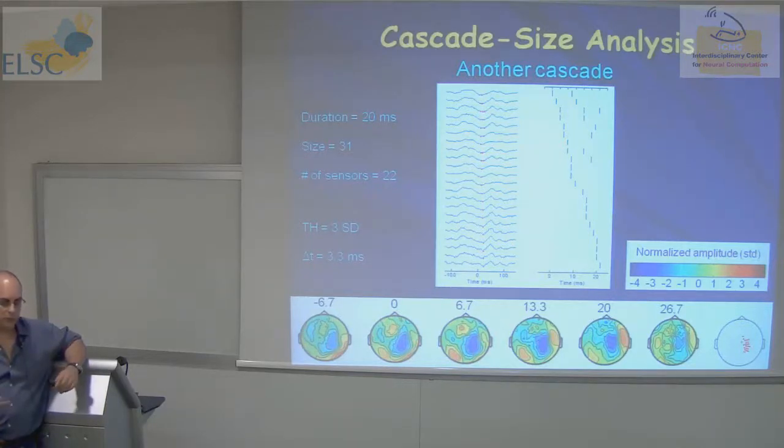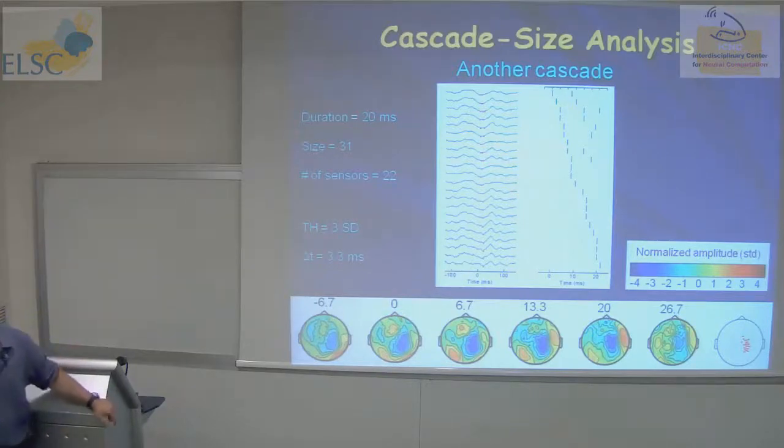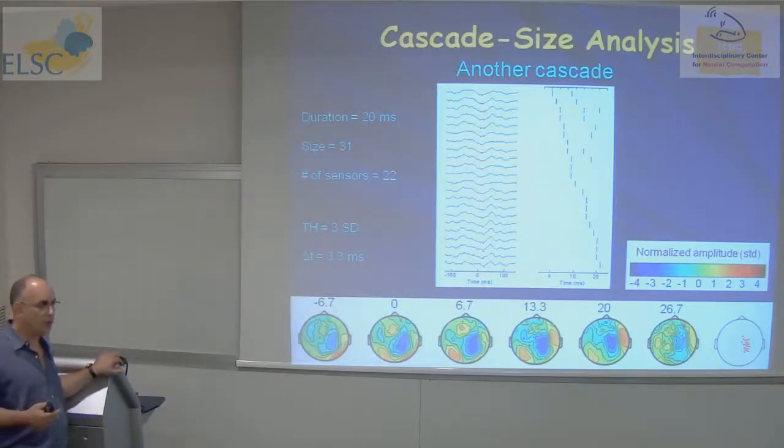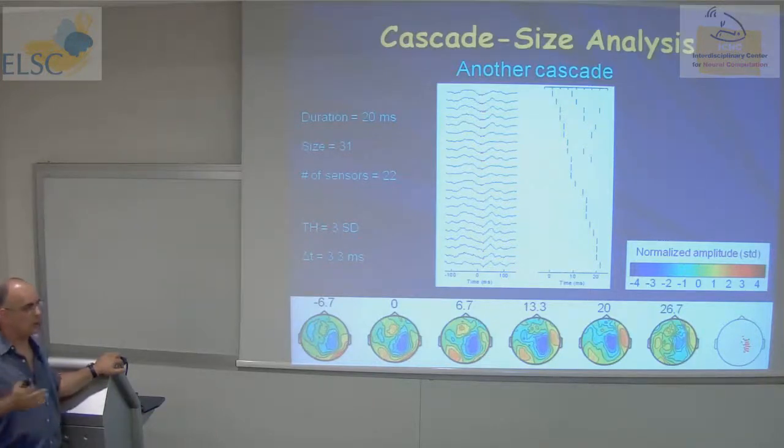In the context of the MEG or EEG, it's not really justified to look at either positive or negative signals, but you get the same results. If you look only at positive or negative signals, you just have fewer events, but you still get the power laws and everything.